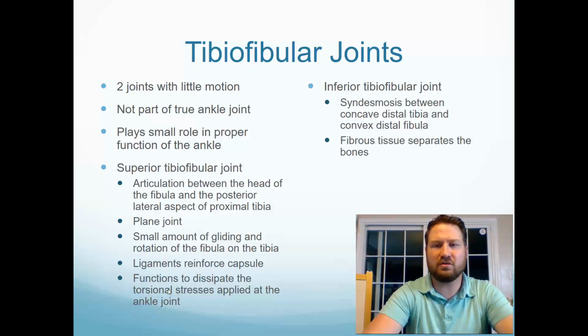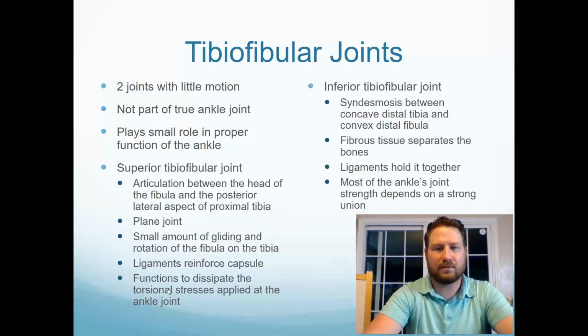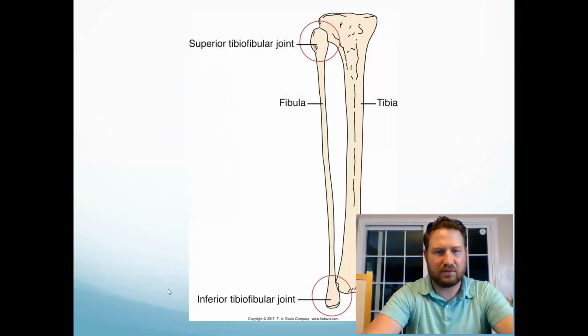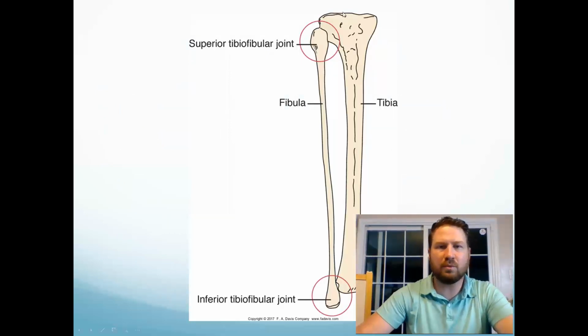The fibrous tissue separates the two bones, where two ligaments hold it together. Most of the ankle joint's strength depends on a strong union. Our ligaments allow slight movement to accommodate the motion of the talus. So superior, very little motion. Inferior, a decent amount of motion.